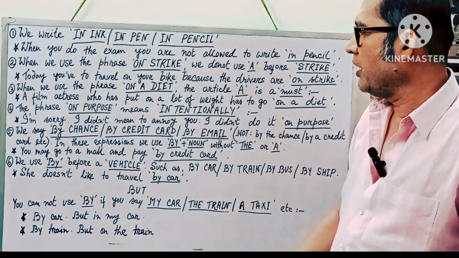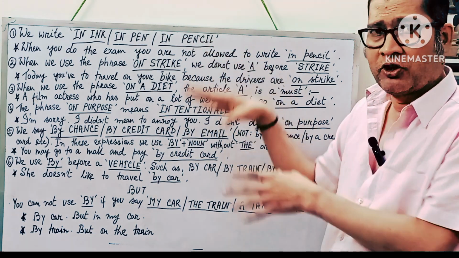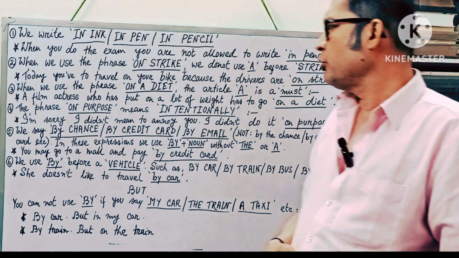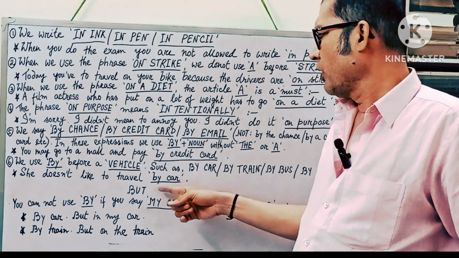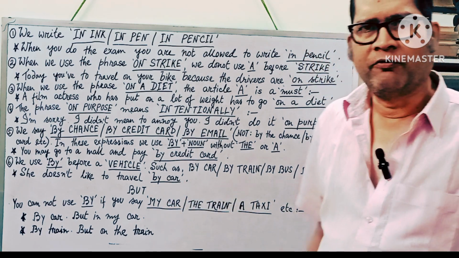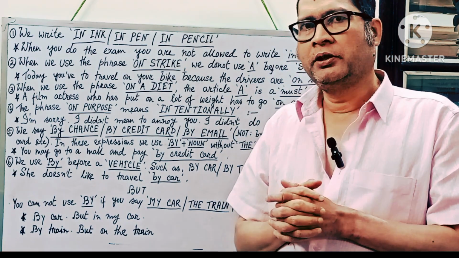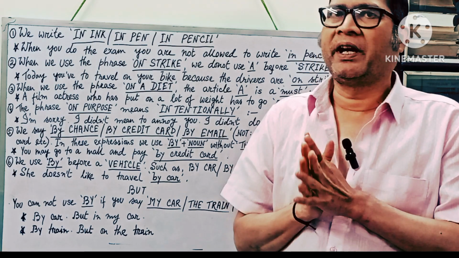And also in this context, in the context of the lesson, I would like to tell you, we use by plus a vehicle, but when we are using a two-wheeler, then generally we do not use by.